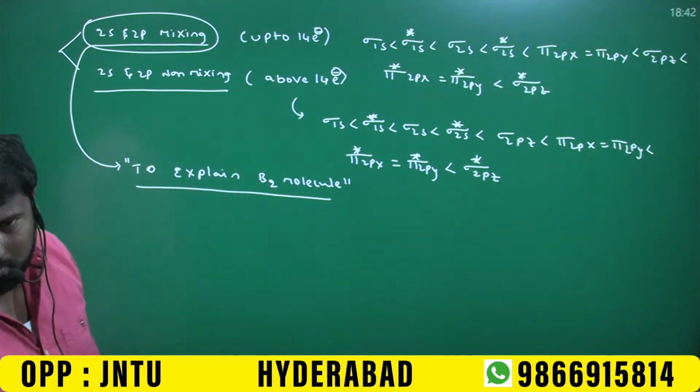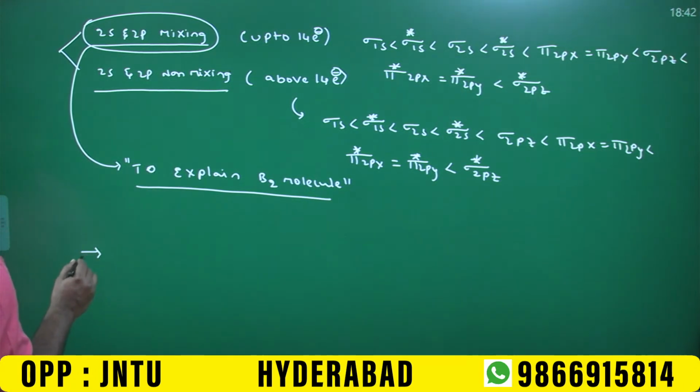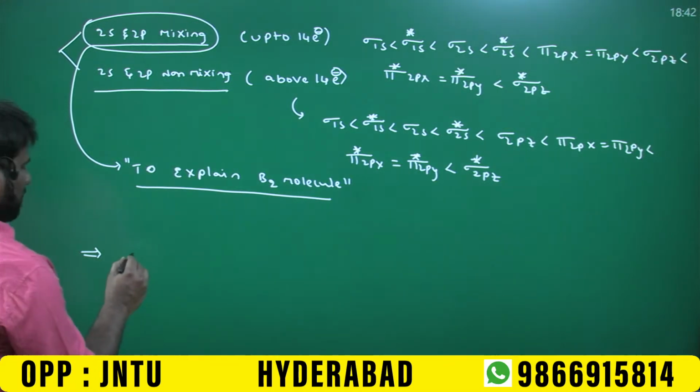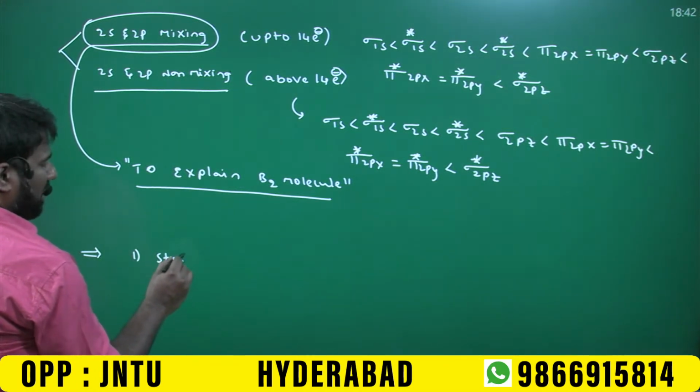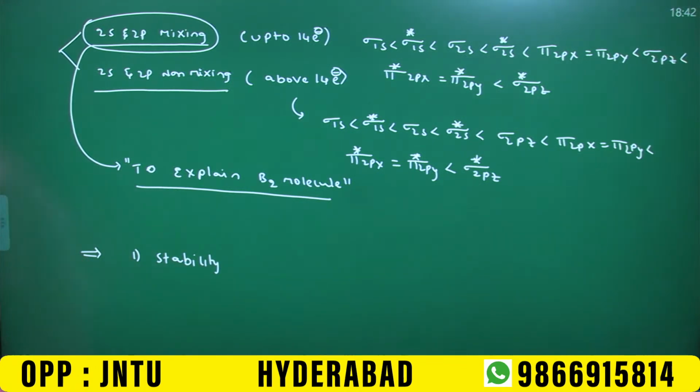Okay, let us see some examples now. So what kind of factors we are going to find with the help of molecular orbital theory? The first one is stability of the molecule, right? So how do we find that?